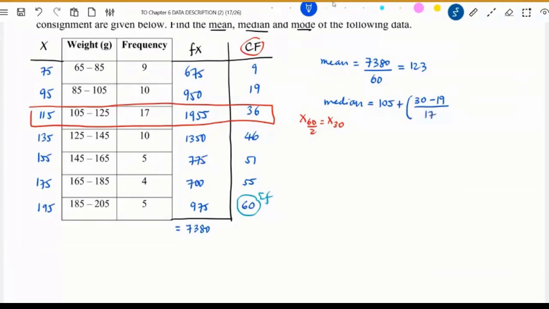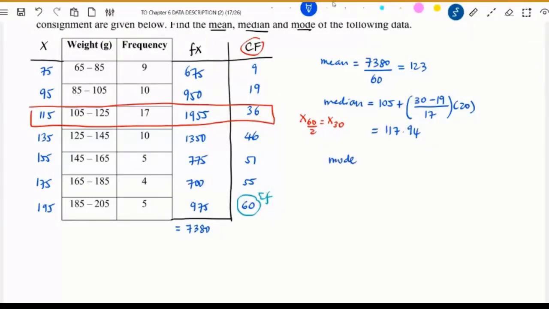Okay, what is our class width? Class width is upper boundary minus lower boundary. 20. 20, good. Okay, so the value is 117.94.